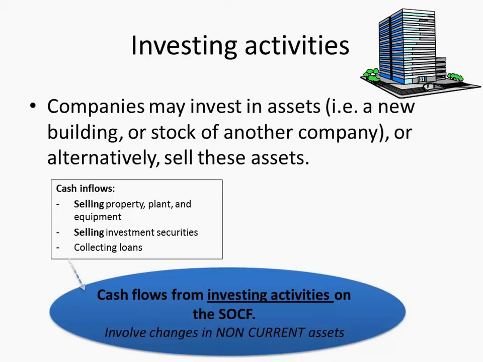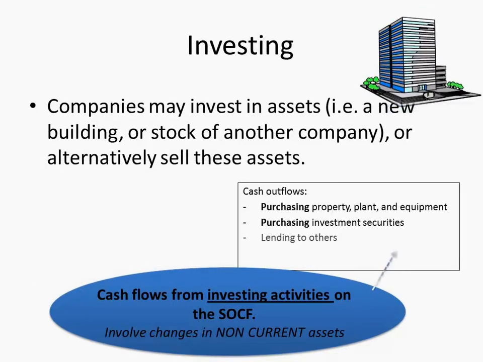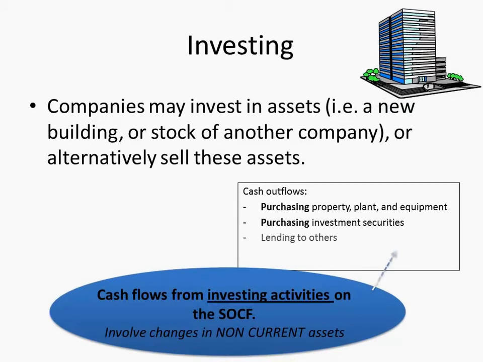If you are collecting on loans, you're generally talking about something non-current. Cash outflows: instead of selling, you could be purchasing property, plant, and equipment, purchasing investments, or lending to others. So they generally involve changes in non-current assets.